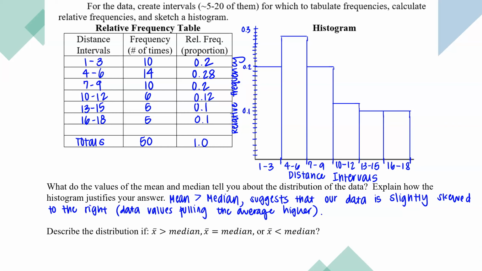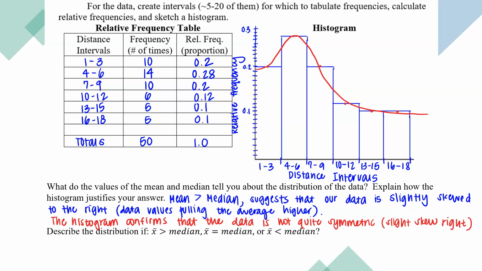If we draw a curve over our histogram by finding the midpoint of each of our bars and connecting these together like we did last year, we have a skew that is slightly to the right. The histogram confirms that the data is not quite symmetric.